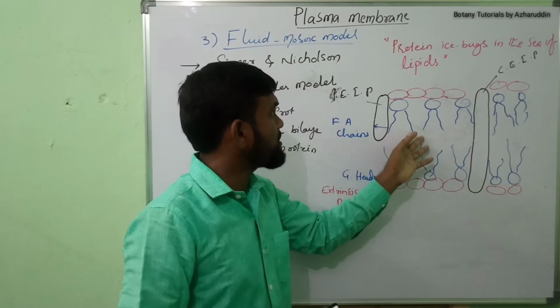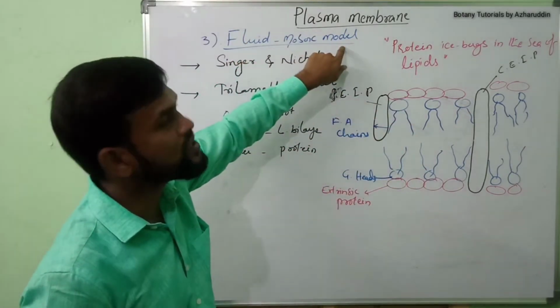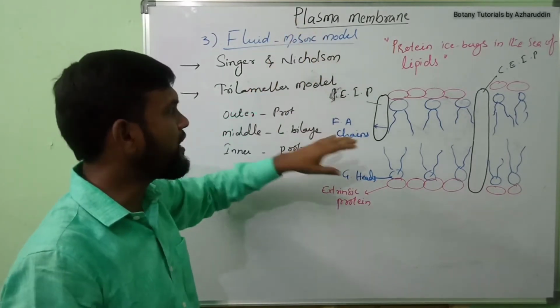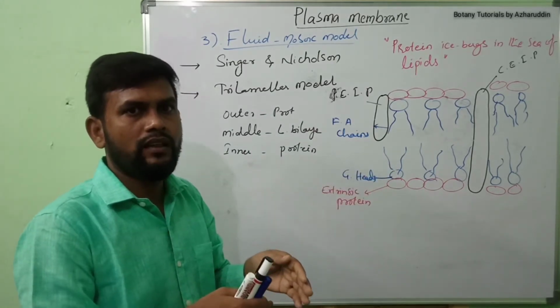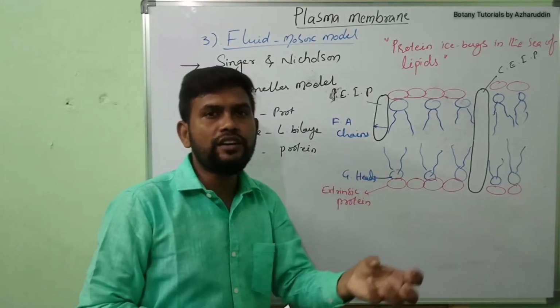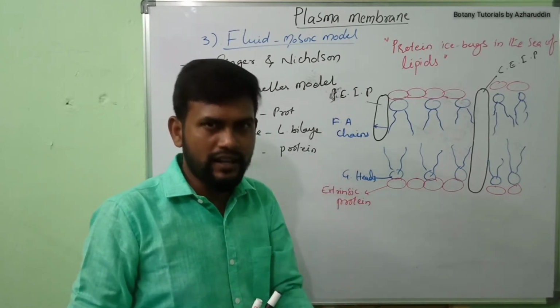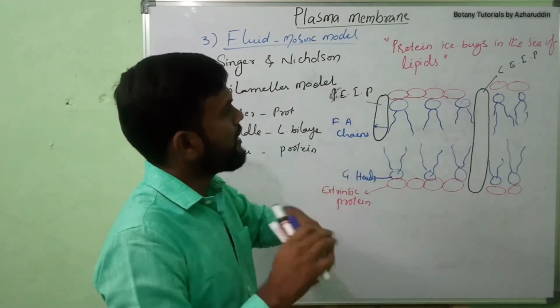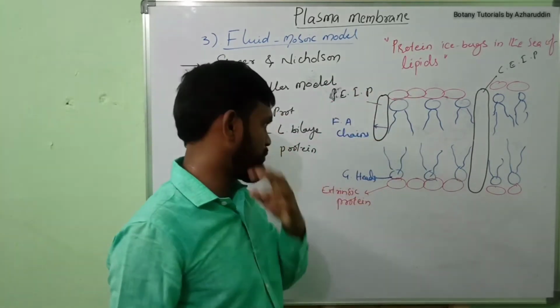Based on that, this structure is named the fluid mosaic model. Here phospholipids are fluid in nature. They are semi-solid, not completely solid and not completely liquid. In that, protein molecules are moving from one place to another.